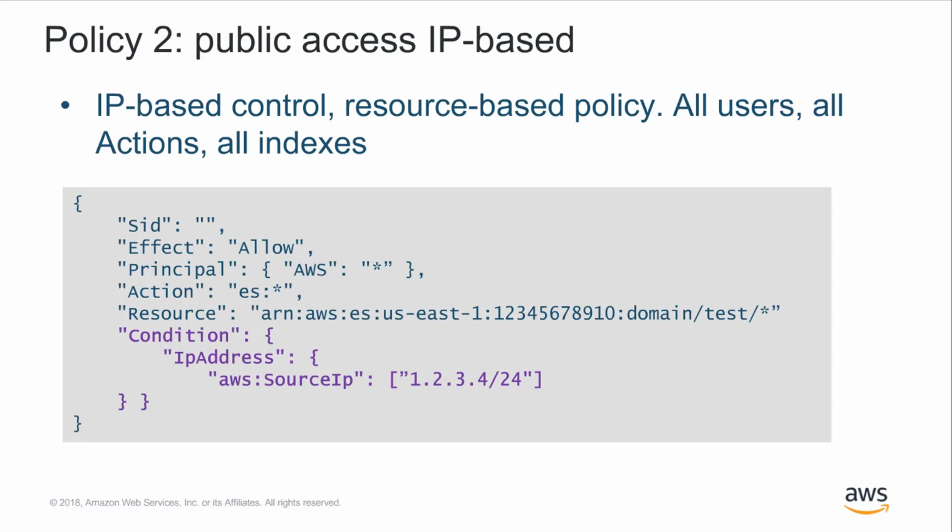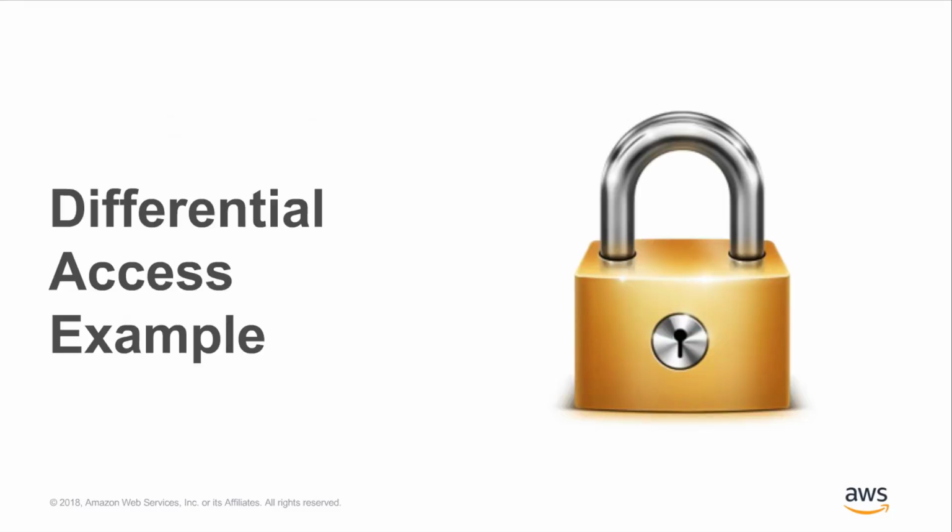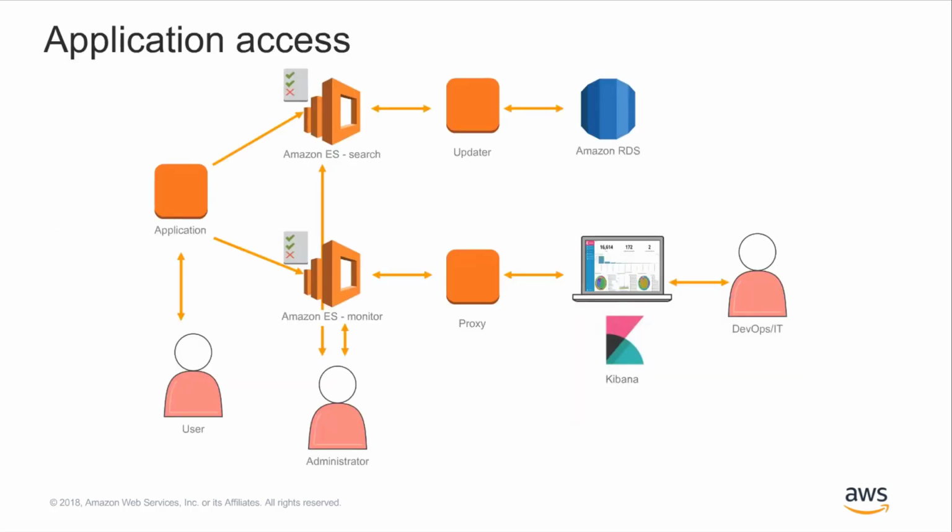And this, again, we specify can do all ES actions to the test domain. And you'll see here we've left the principal as AWS star. That's because the authentication here is based on the originating IP of the traffic. We're going to give a quick example of this and break it down a little bit more.